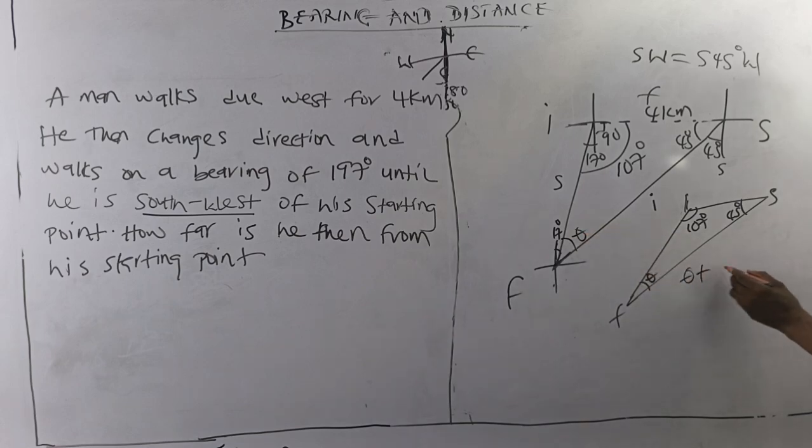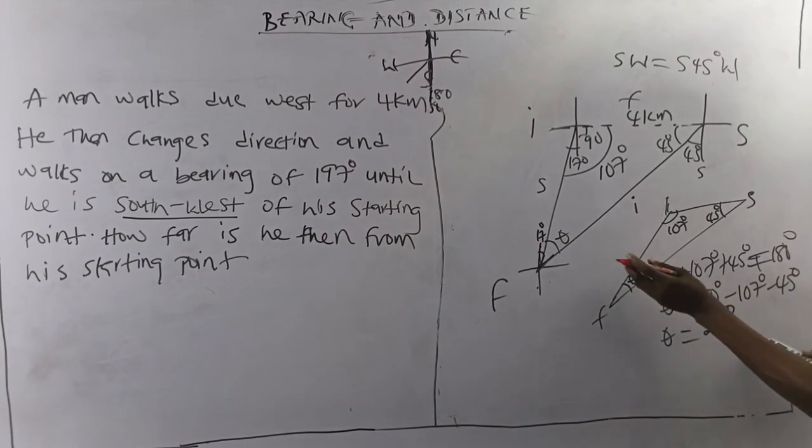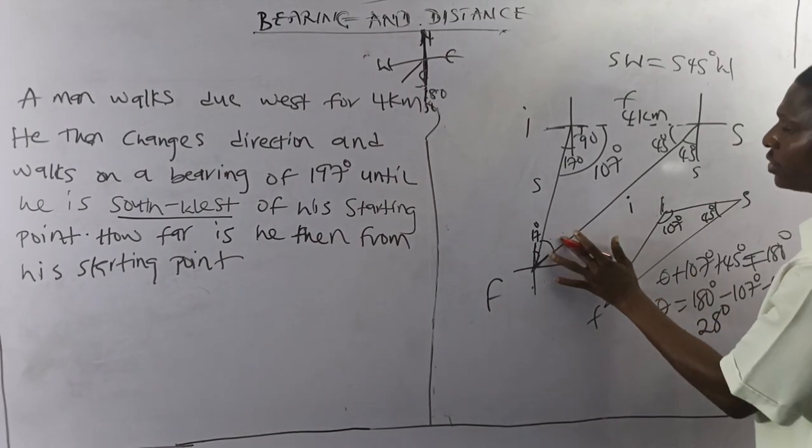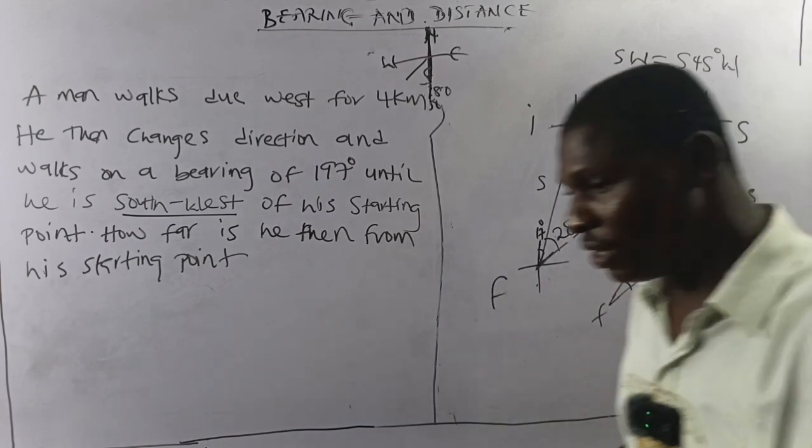Theta plus 107 degrees plus 45 degrees equals 180 degrees. So theta equals 180 degrees minus 107 degrees minus 45 degrees, and theta is 28 degrees. So I can replace it here with 28 degrees. Take note of this solving, please.